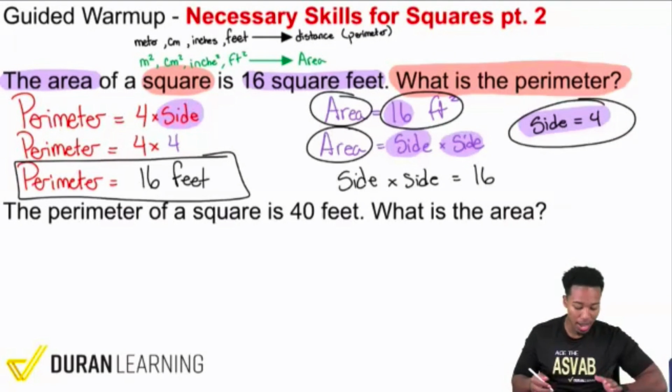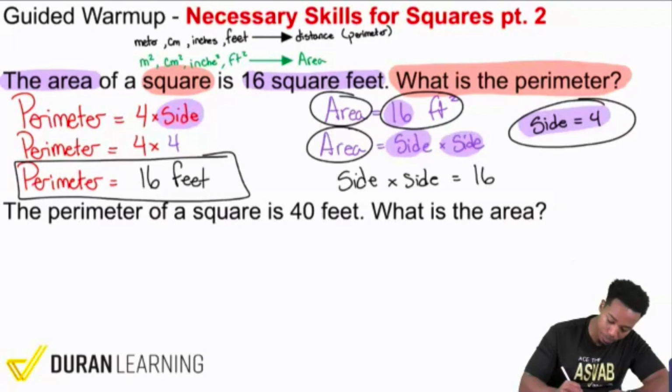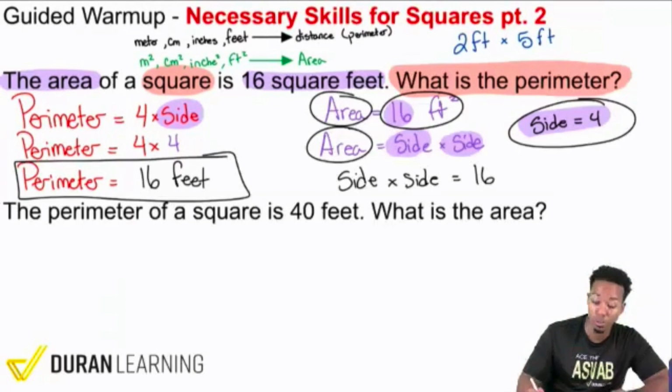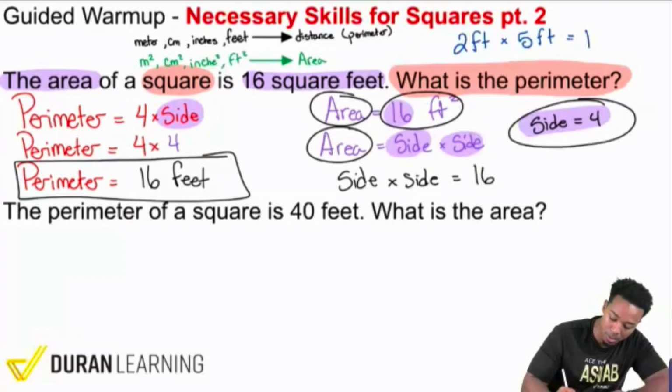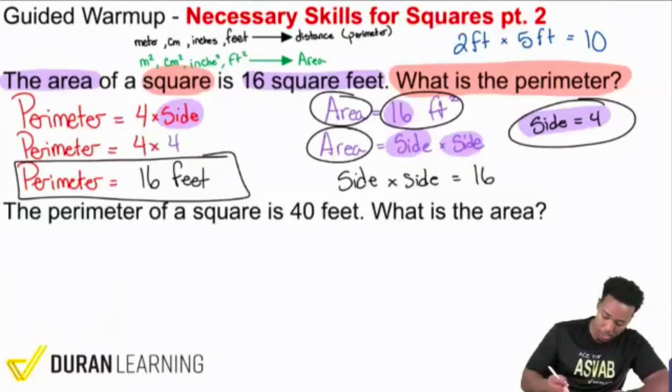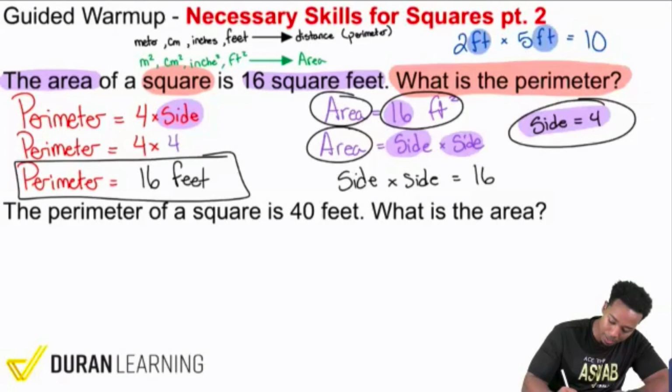And so if you have area over here, and let's say 2 feet by 5 feet. Pay attention here. This is super important. You'll have 2 times 5 is 10. But what you really want to pay attention to, everybody, is this. Feet times feet gives you feet squared. And that's area right there.